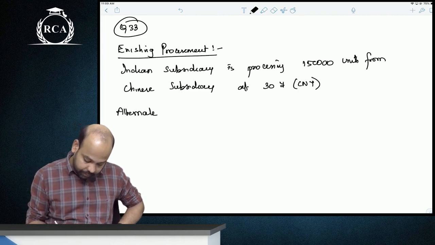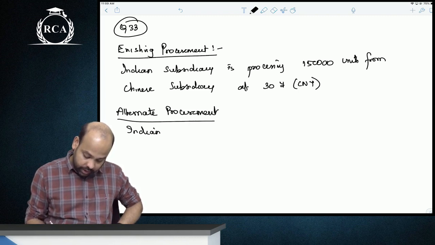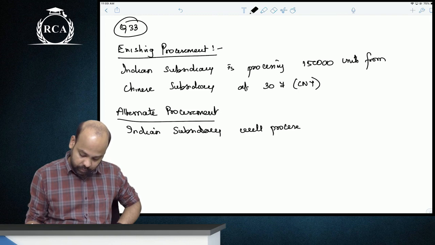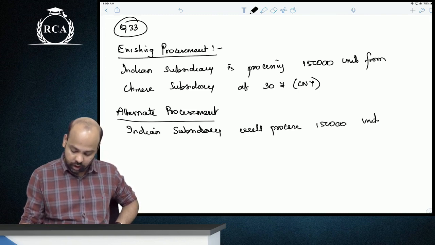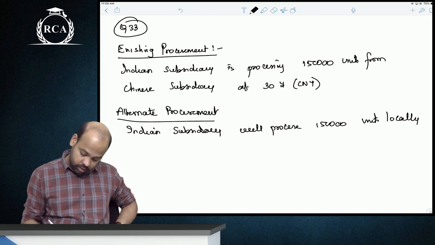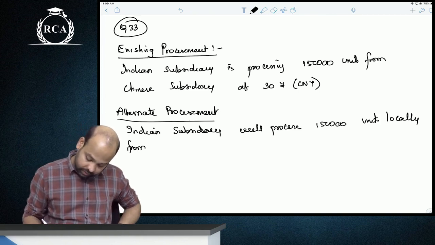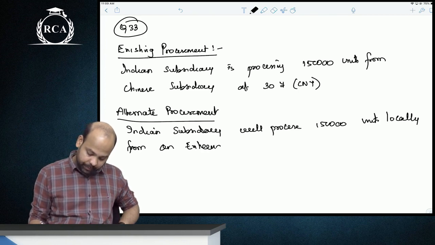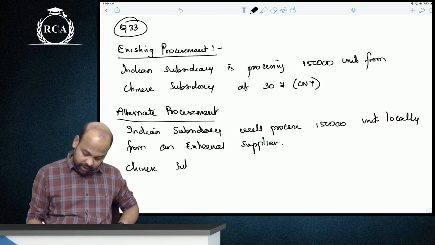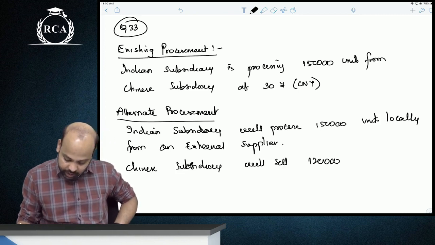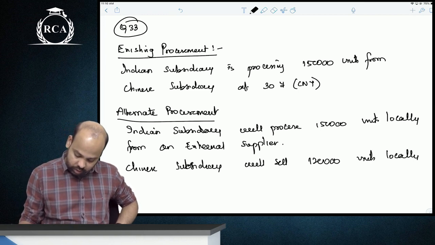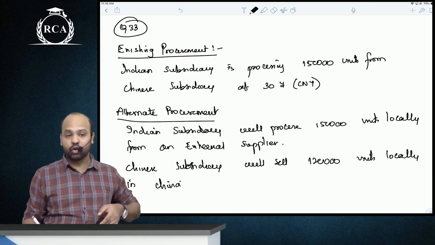Alternate procurement plan. The Indian subsidiary will procure 1,50,000 units locally from another company, from an external supplier, and the Chinese subsidiary will sell 1,20,000 units locally in China at the same price of 30, but then they will have to incur an inland tax of 10.